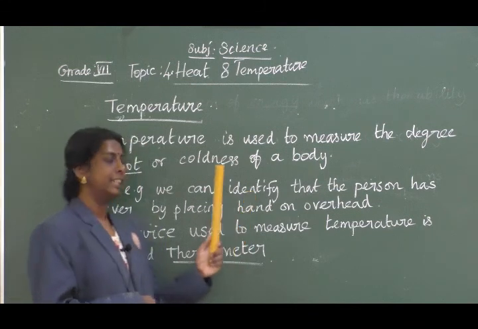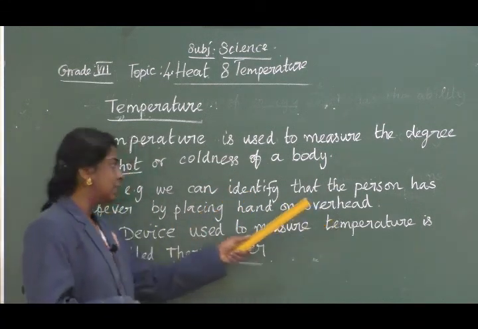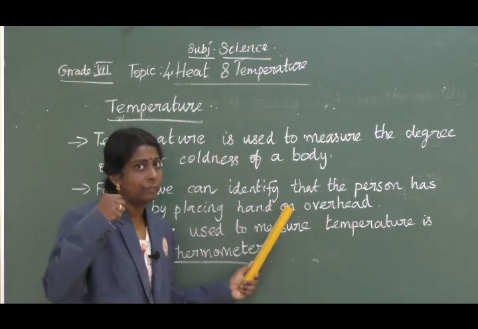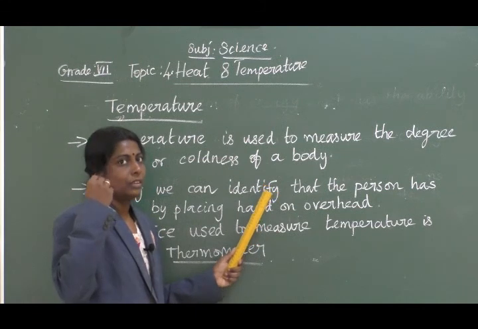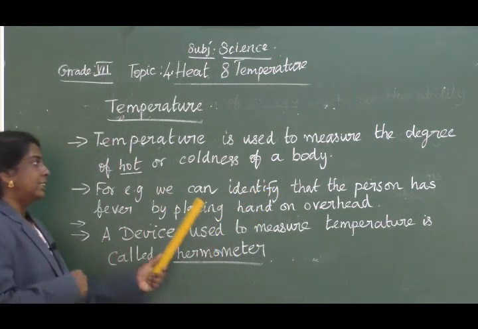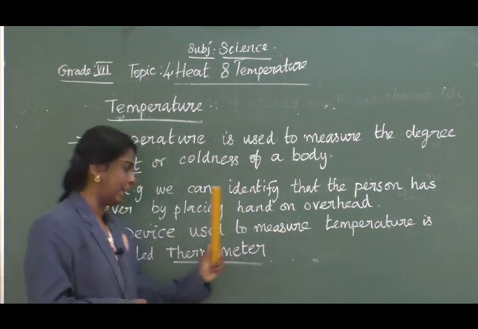For example, we can identify that a person has fever by placing a hand on the forehead. We feel the hot or cold, is it not? So we can identify the person has fever by placing a hand on the forehead.